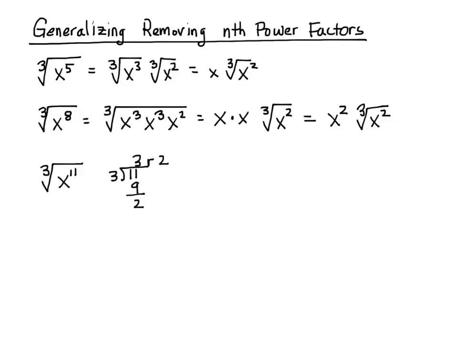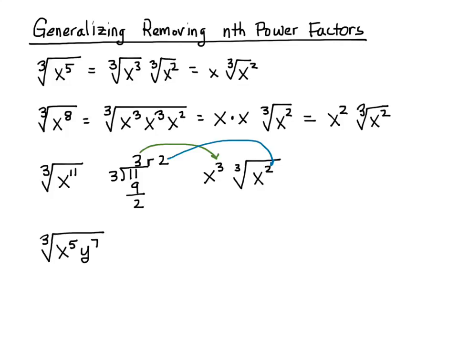And then the generalized way to do this is we can count how many groups of 3, or however many groups of anything you have, just by using long division. Don't go to the decimal, just use the remainder as the number that are going to remain within the radical sign. So in this case we get x cubed, which the 3 comes from that first 3, and then the remainder 2 is what remains in the radical.